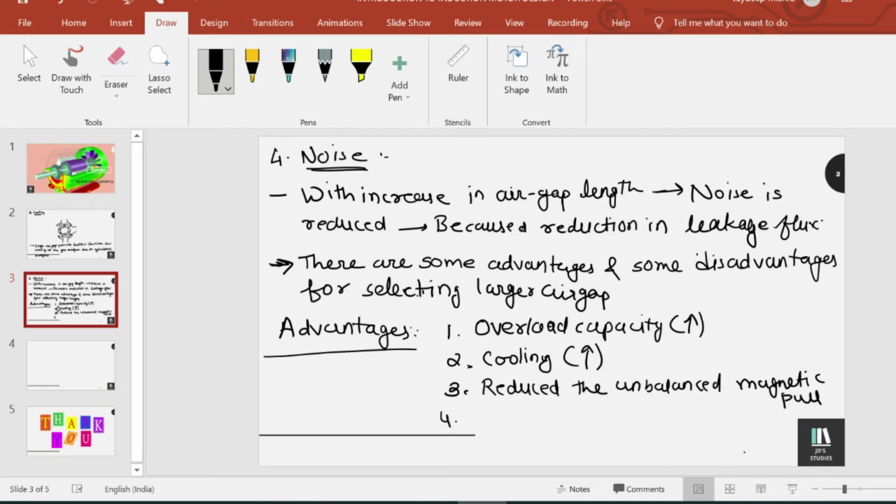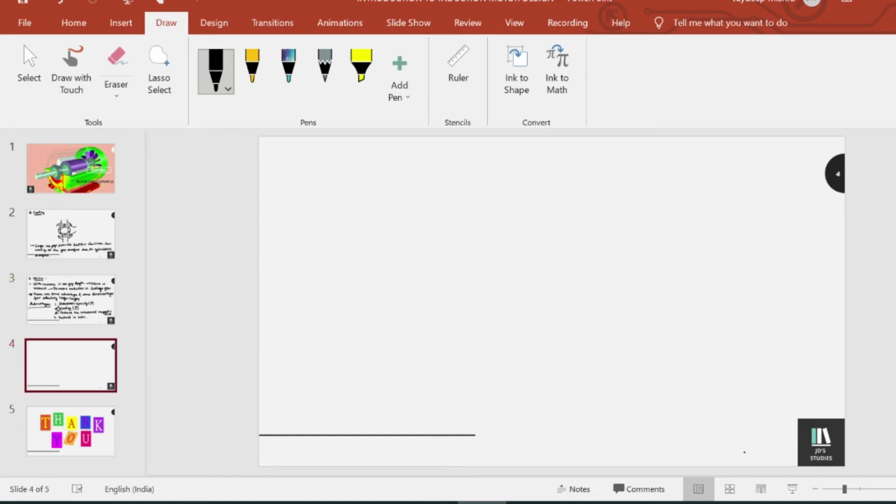Fourth one is reduced noise. So here are some advantages, and we have some disadvantages too.